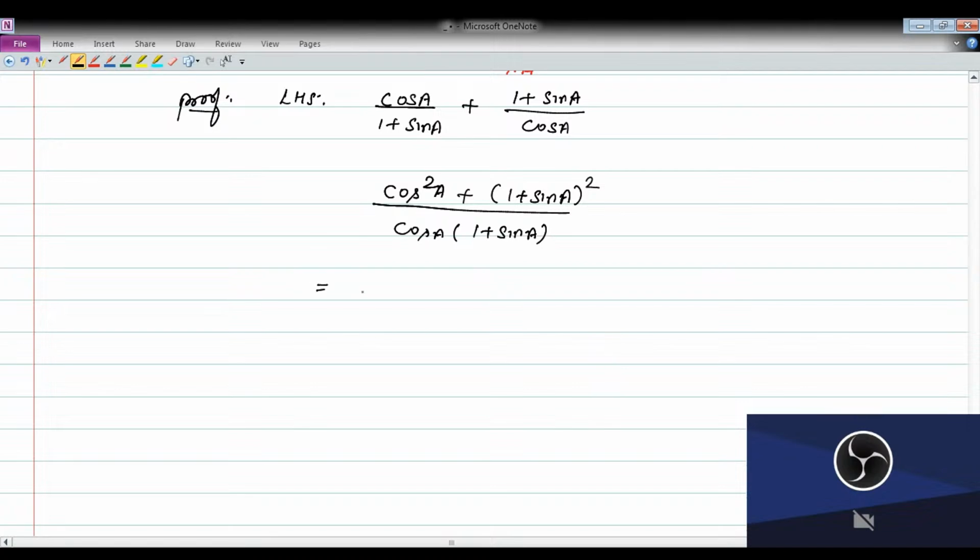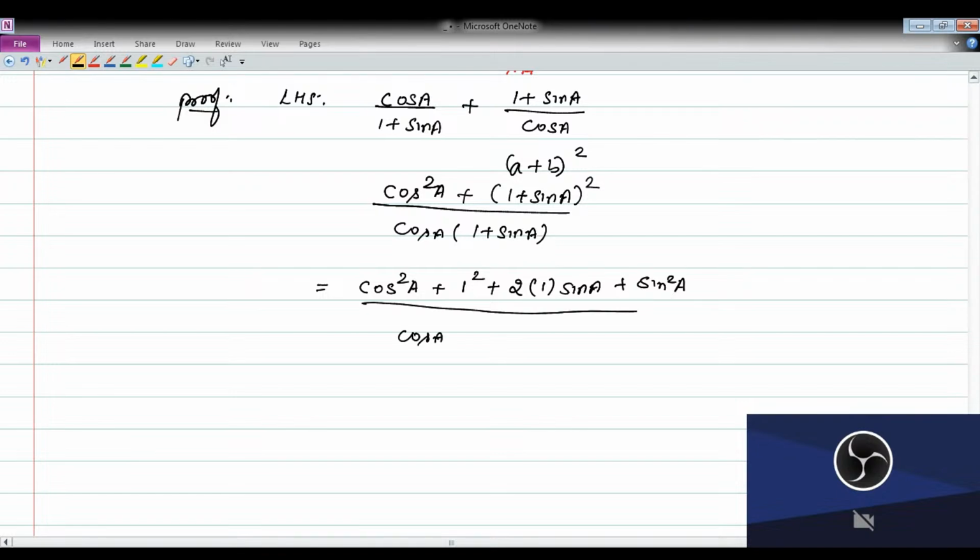Now this is equal to cos square a plus, by using the formula a plus b whole square, we'll get a square, that means 1 square, plus 2ab, that means 2 into 1 into sin a, plus b square, that means sin square a, and the denominator we have cos a into 1 plus sin a.